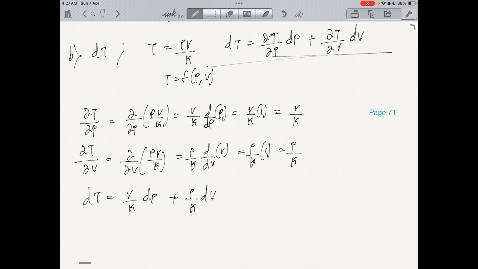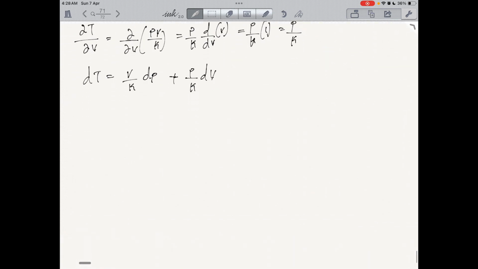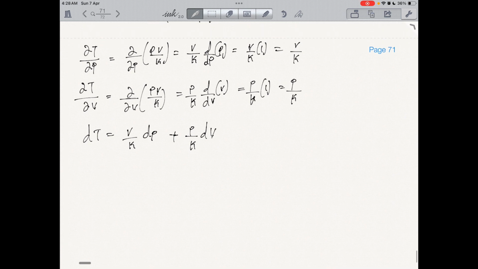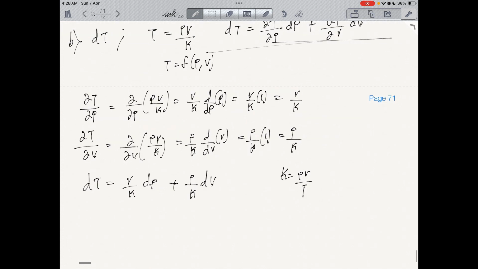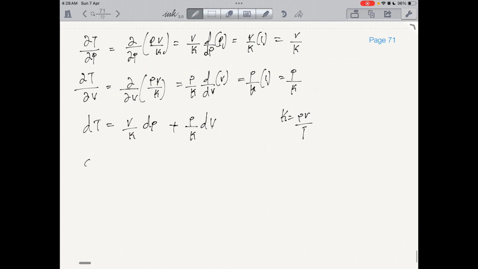Since we are required to leave our answer in terms of P, V and T, we have to make a substitution of K. We recall that K is PV over T. Therefore, dT is V divided by PV over T multiplied by dP plus P divided by PV over T multiplied by dV.